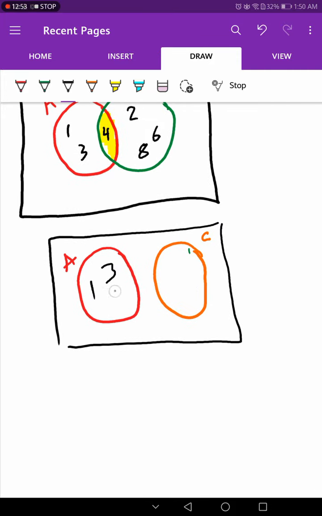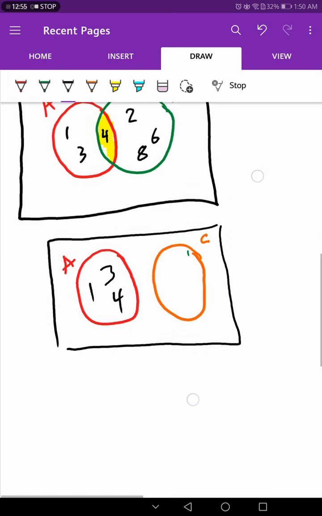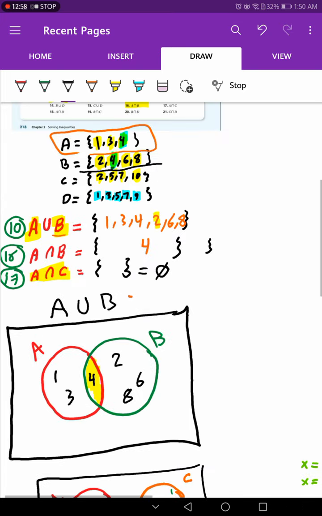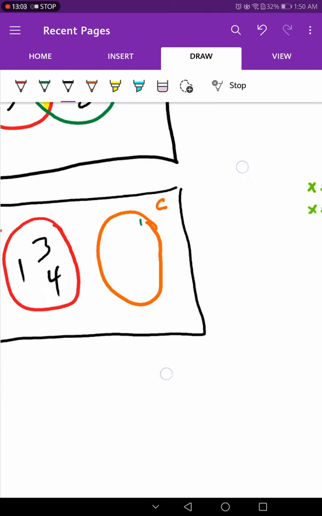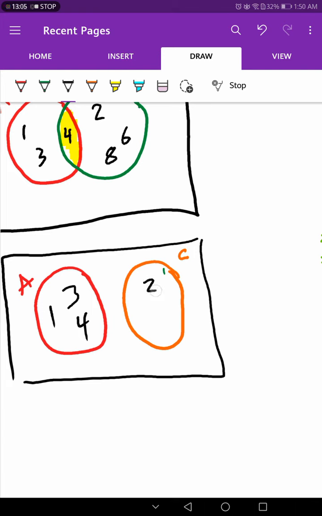And the C elements are 2, 5, 7 and 10. So this represents A and C. As you see, there is no intersection area between A and C.